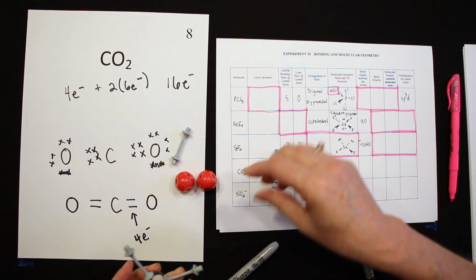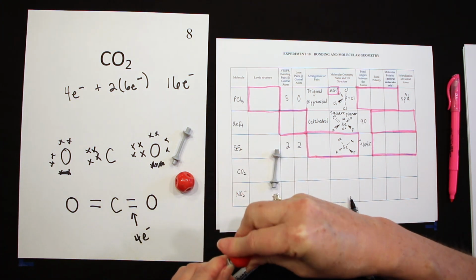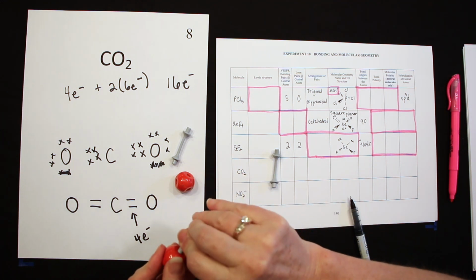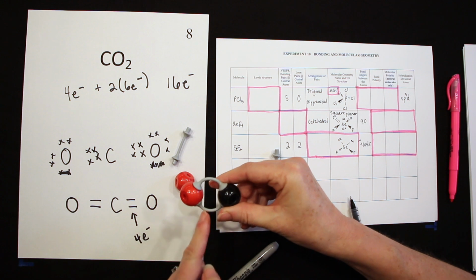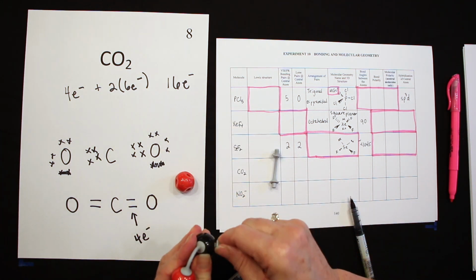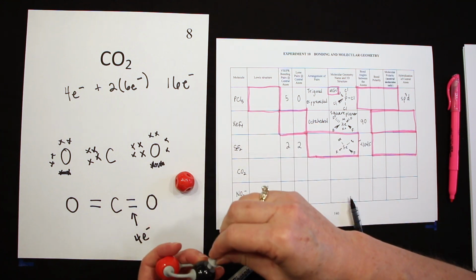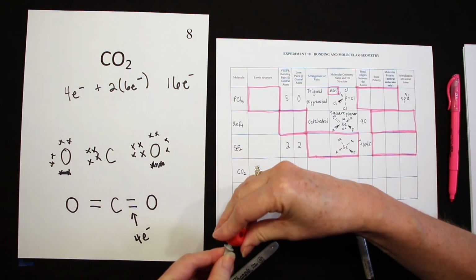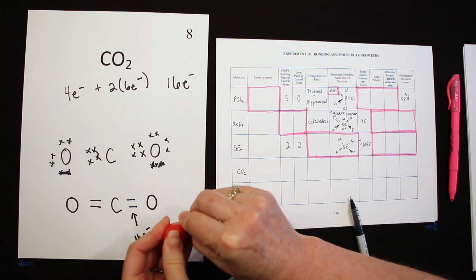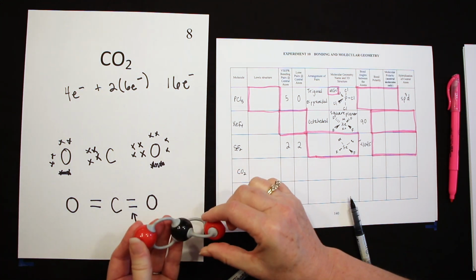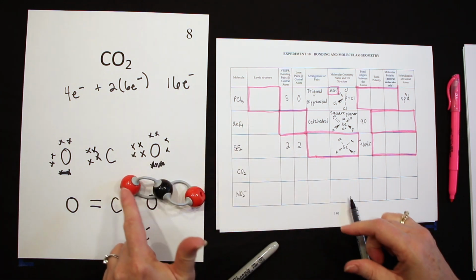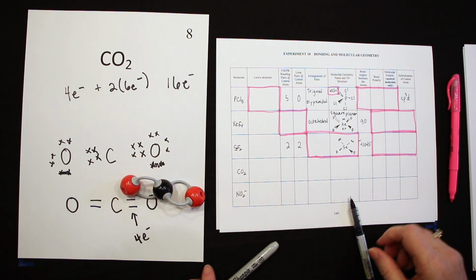I'm going to make a double bond and show that it's a double bond using these longer bonds, very flexible ones that I have. And you'll see that it is a very linear molecule.